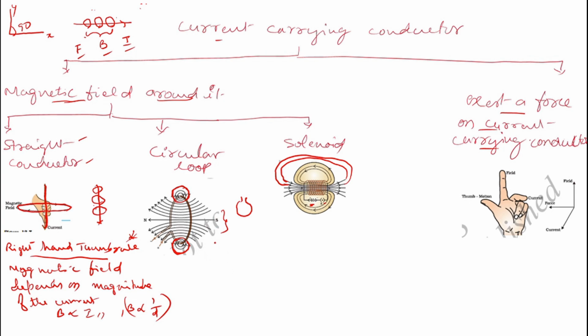So the magnetic field lines become larger and larger as we move away from the wire.